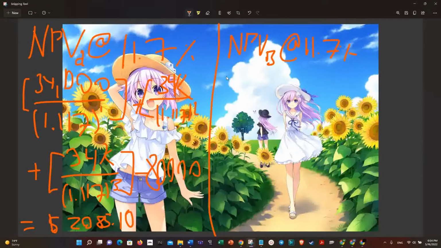In turn, what that means is we do 114,000 divided by 1.117, like that.